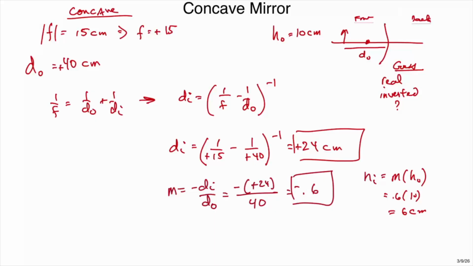So it's reduced, and since I knew the object was 10 centimeters tall, I can find out how big the image is going to be, wherever it is. Okay, so that was a concave mirror with the object outside the focal length. So let's do another one where this time we put the object inside the focal length.